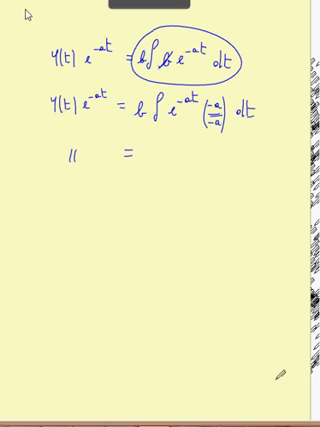Do you agree that the derivative of this is this? Plus a constant c. Okay, we need a constant because we are solving an integral. So we have y of t e to the power of minus at equal to minus b over a e to the power of minus at plus a constant c.